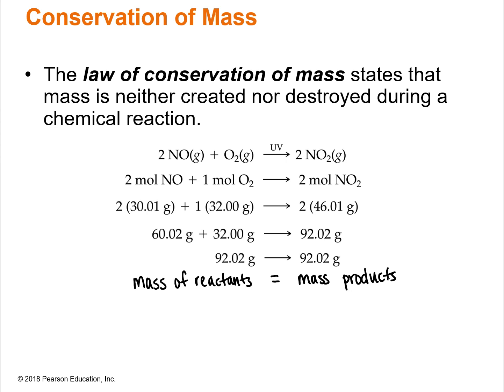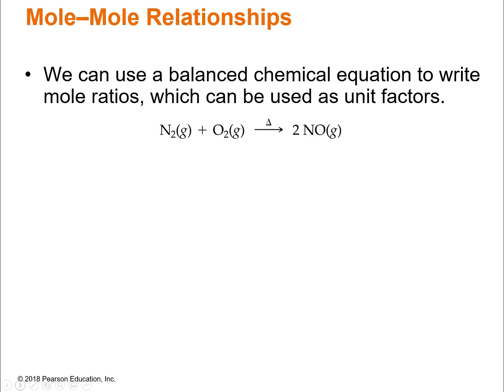But we can do theoretical calculations to figure out, for example, how much product we'll make if we're starting with X amount of a reactant. To do those kinds of problems, we have to use something called a mole ratio, and this describes the relationship of the different compounds within the chemical equation.